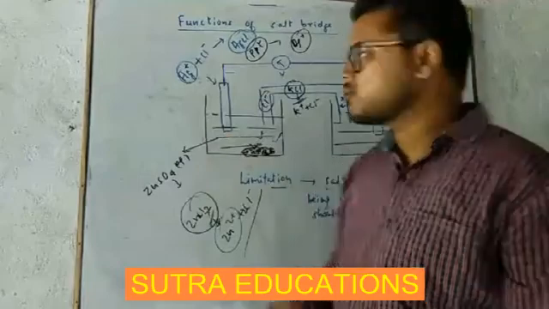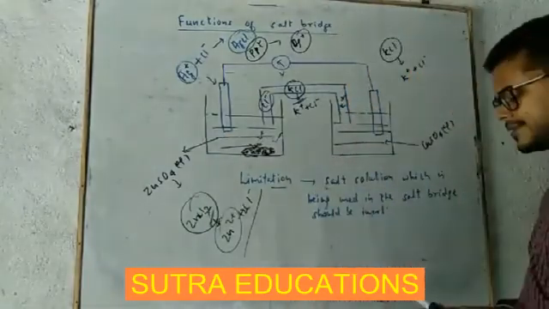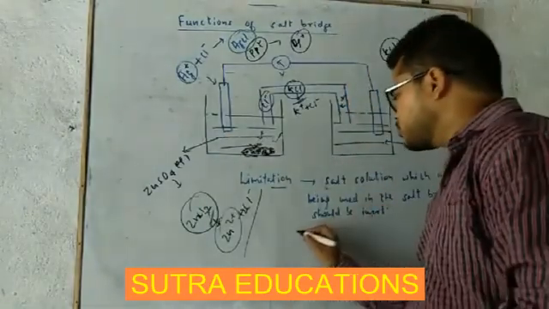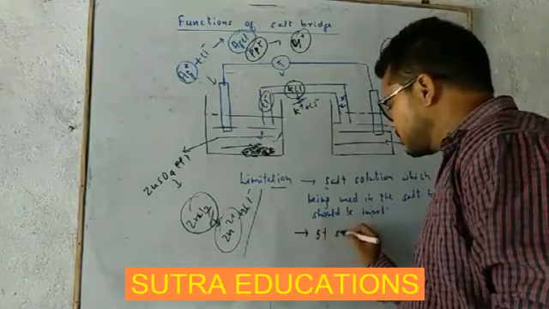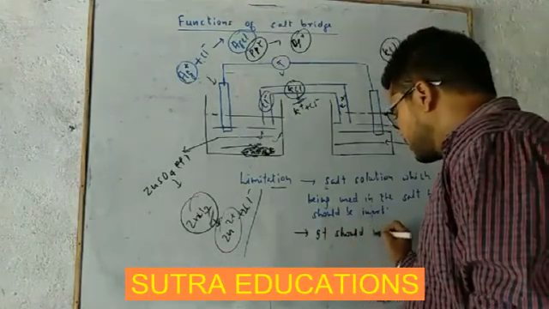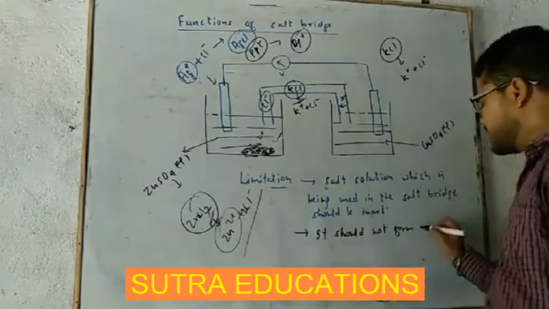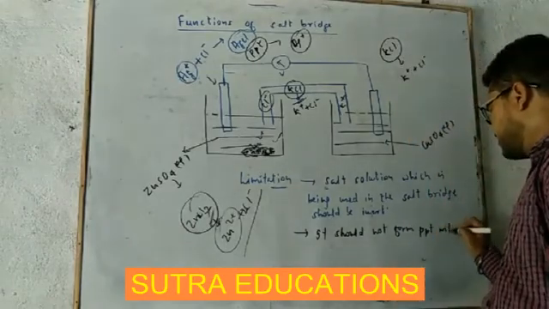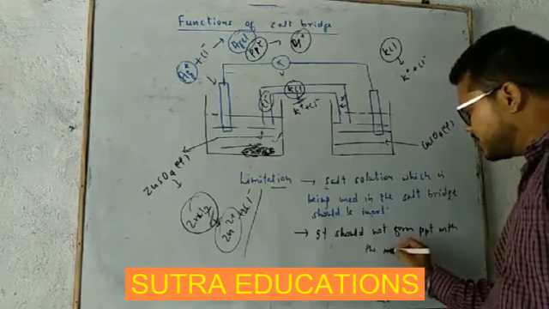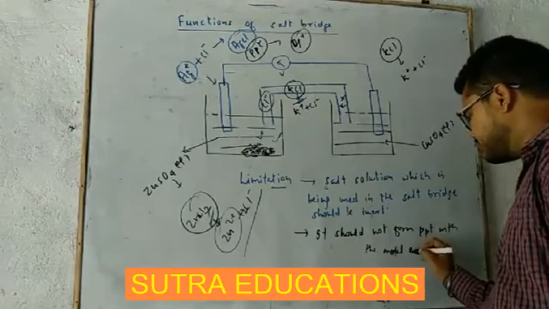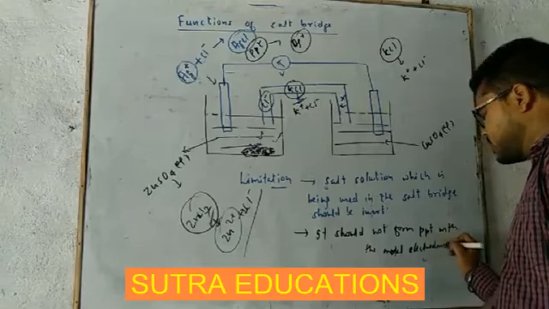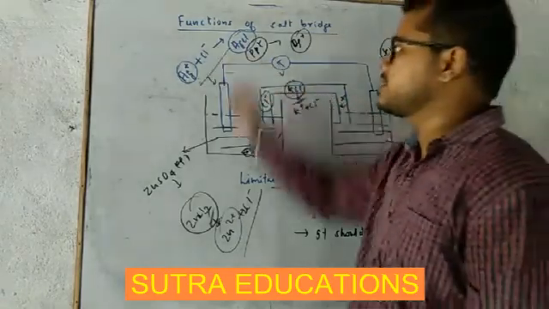Getting this? So inertness should be there. And the second thing is it should not form a precipitate with the metal electrode. Got it? As we have discussed in the case of Ag plus.